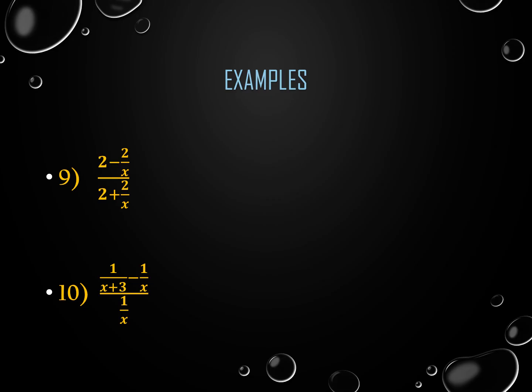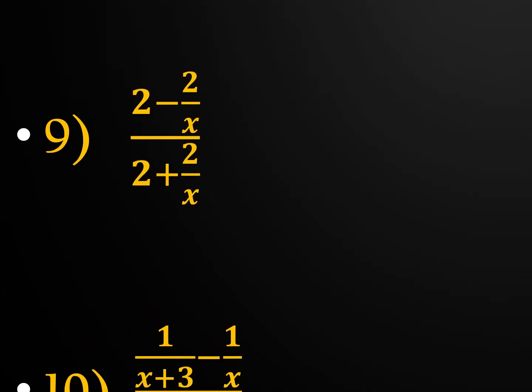All right, example 9, same thing. I need to do the subtraction problem in the top first, and then the addition problem in the numerator. So if it helps you to put a 1 underneath the 2, my LCD here is going to be x. So this one's missing an x.